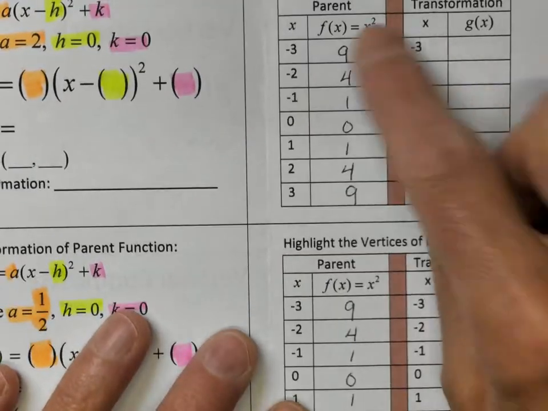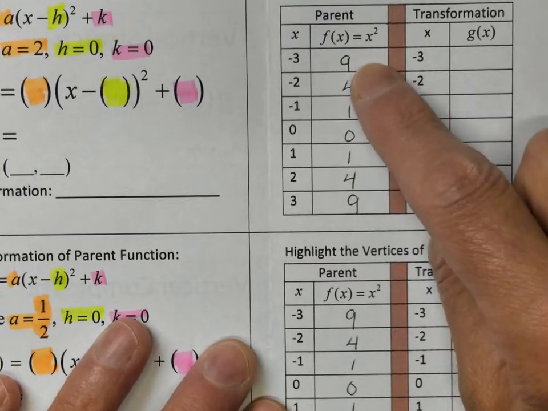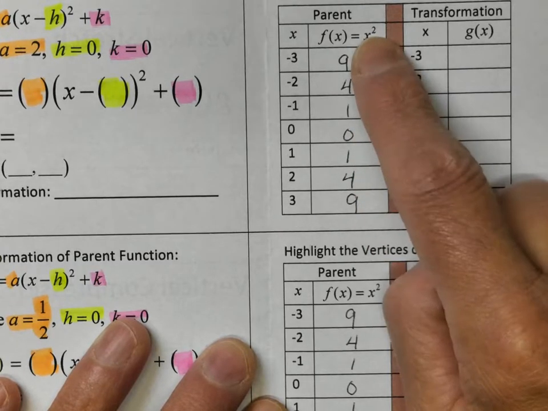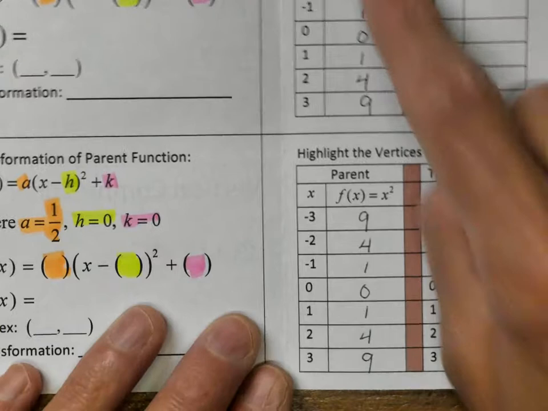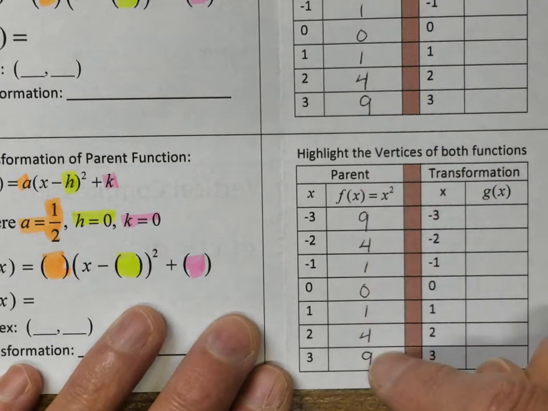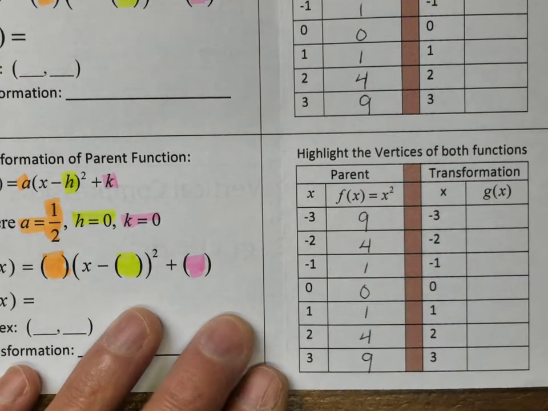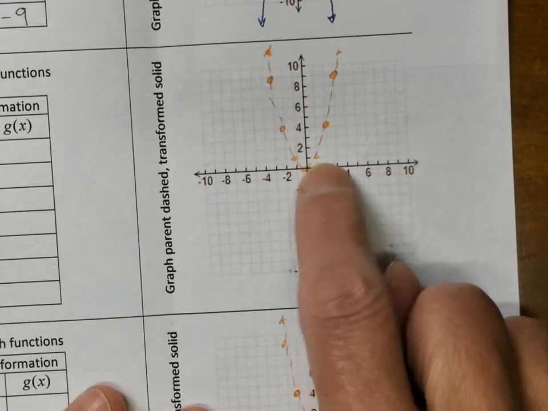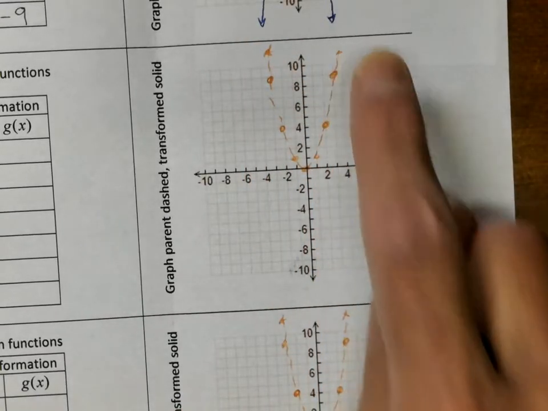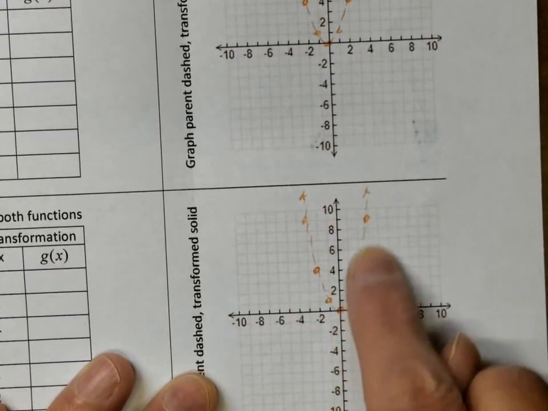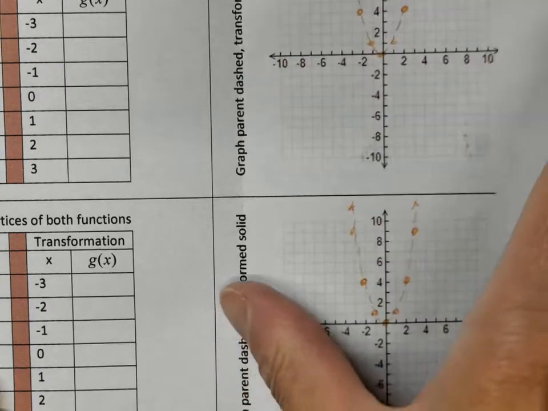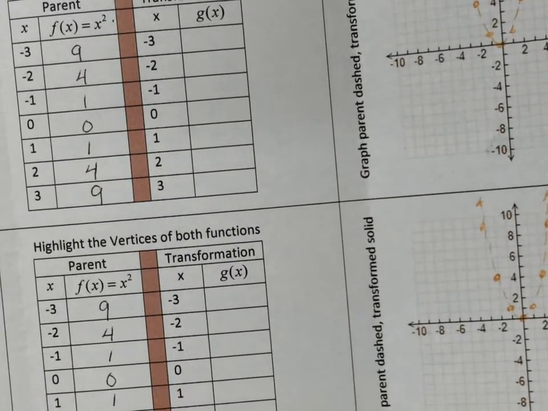The other thing you need to do is put in the y value for the parent function of y equals x squared. I would do that for both the stretch and the compression. I also already put in what my parent function would look like. So you should go ahead and do all those things before I continue.